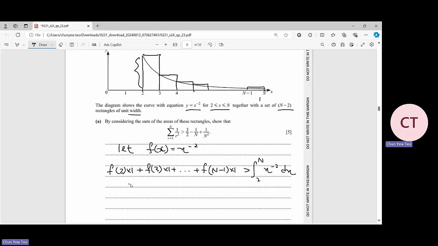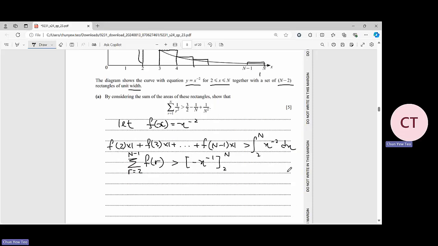Over here, you can summarize them as the sum of r from 2 until n minus 1 of f(r) is greater than, when you integrate it, negative x to the power negative 1, from 2 to n. Now, the answer over here is in terms of fractions, and the sigma over here must start from r equals 1 and go until n.